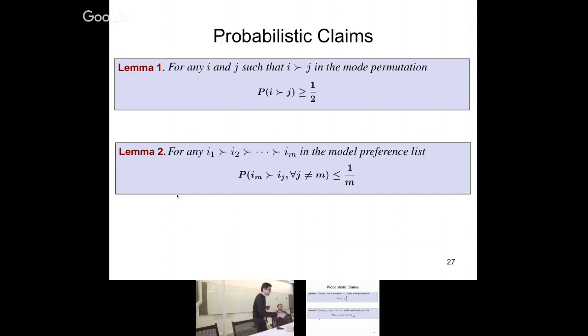In fact, you can prove this for a more general class of models arising out of Markov chain stationary distributions. We can prove a more general property: let's pick any m options, i1, i2, ..., im, and this is the restricted order in the mode. Then the probability that the mth option becomes the best among these is at most 1 over m.